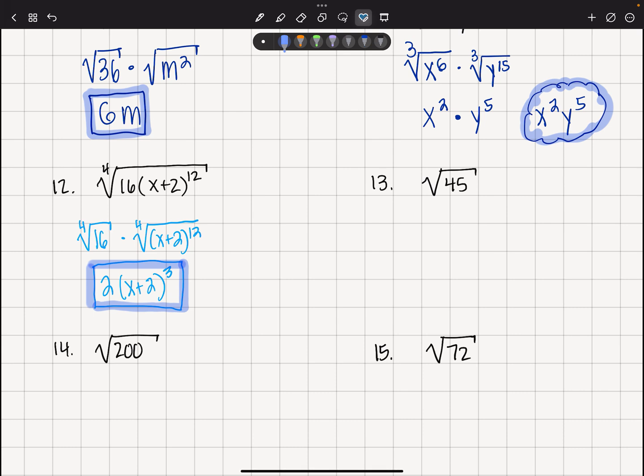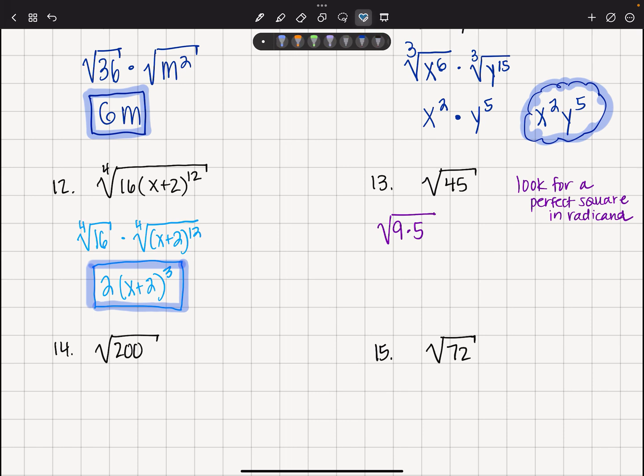Now number 13 doesn't have any variables, but we can also rewrite this looking for a perfect square in the radicand. So what I'm talking about here is we've got the square root of 45. That's the same thing as the square root of 9 times the square root of 5.